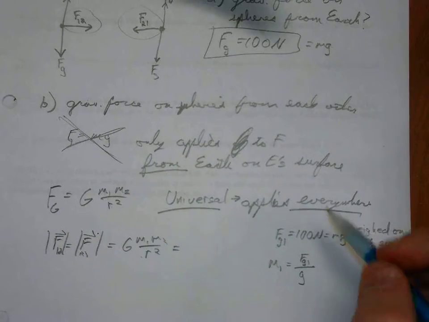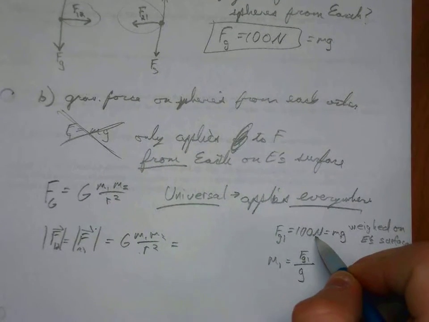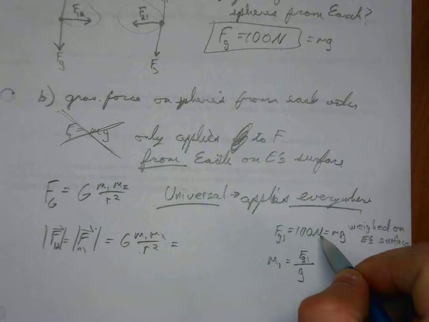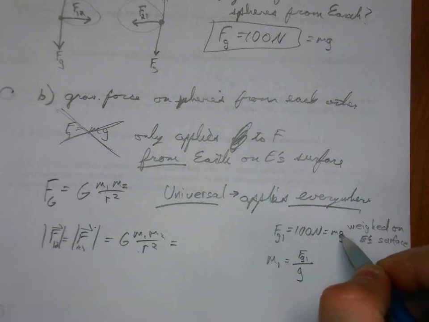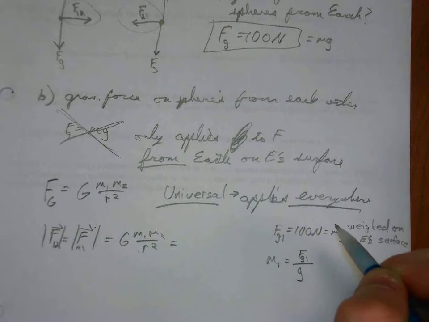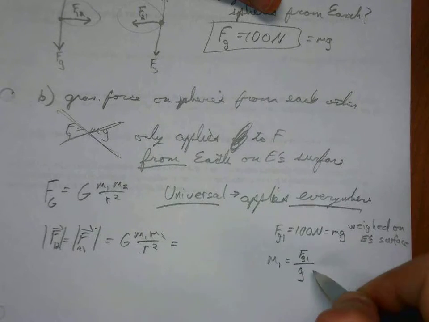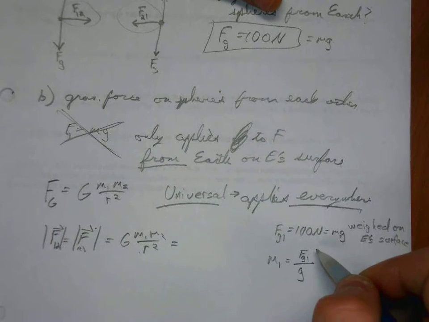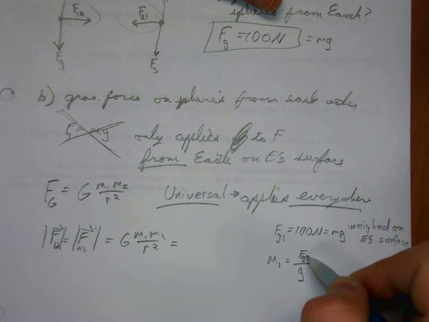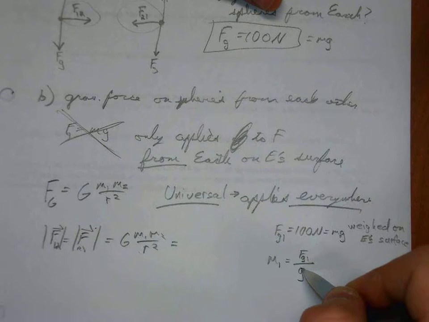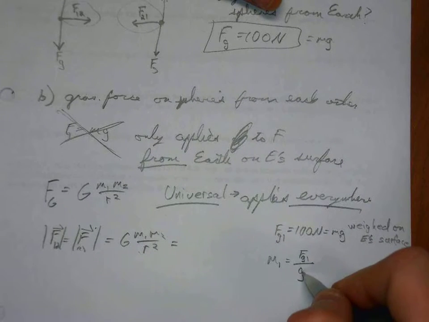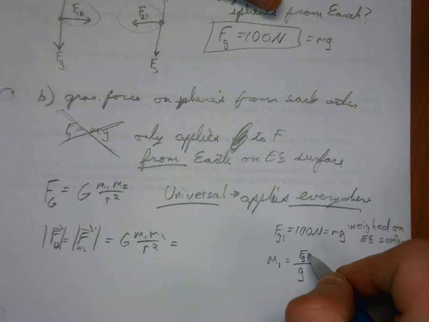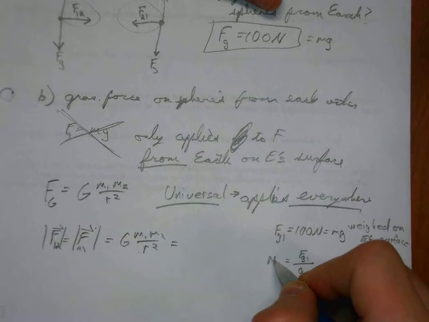Again, let me sum up why we could do this. This 100 newtons is the weight of the sphere on the Earth's surface. So we know that equals m1 times g, little g, because little g applies to the gravitational force on Earth's surface. So if we take this Fg1, which is variable, you move to another planet, you move to the moon, this Fg1 is going to change, but g, the acceleration of gravity, is applicable on the Earth's surface, and this is the weight on the Earth's surface, so these two give the mass, and the mass is universal everywhere.